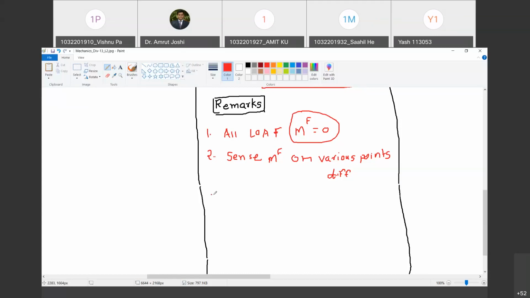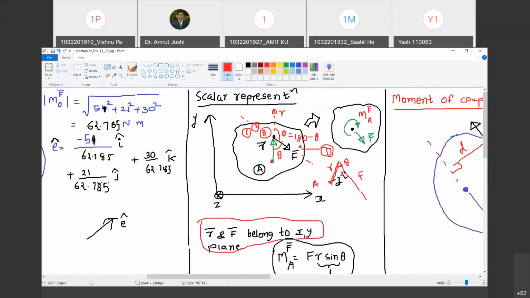Yes, sir. Now third observation. Is this distance D going to remain same for points A, B and C, or is it going to change? It can change, may vary, or it can be same.